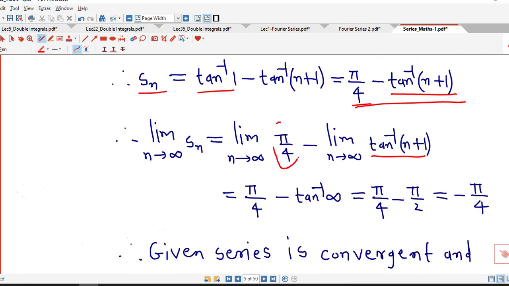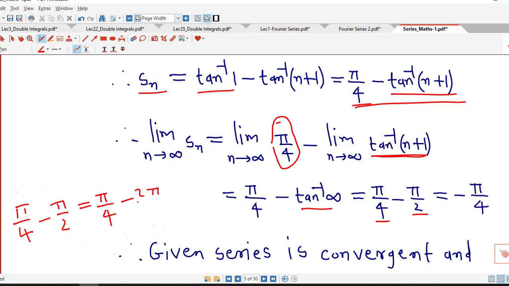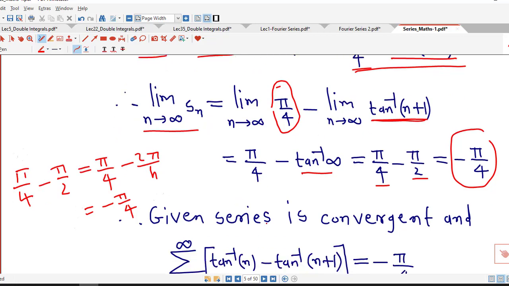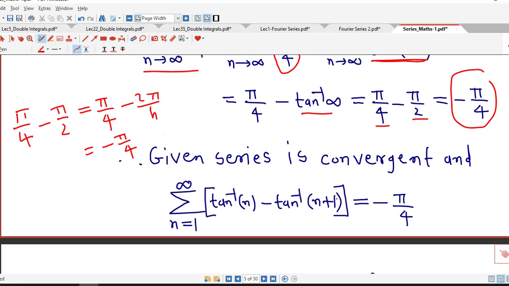Pi by 4 is independent of n, so its limit is pi by 4, and here if we take n tending to infinity, we have tan inverse infinity, and tan inverse infinity is pi by 2, and pi by 4 minus pi by 2 is pi by 4 minus 2 pi by 4, which is minus pi by 4. So therefore limit of Sn exists, and therefore the given series is convergent, and its sum is limit of Sn, which is minus pi by 4.